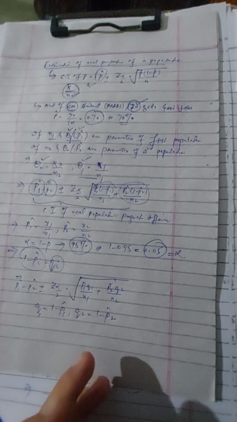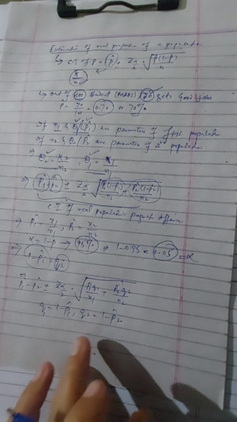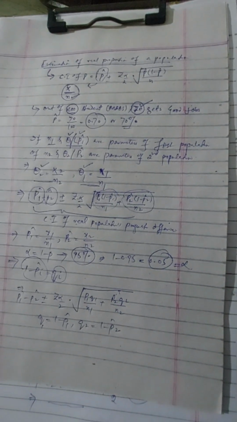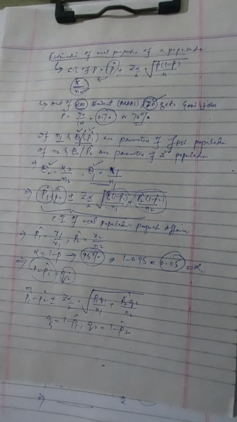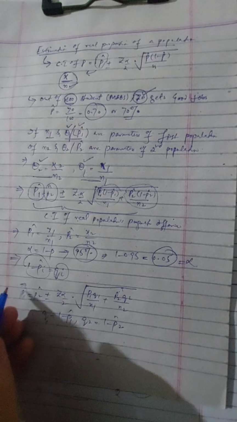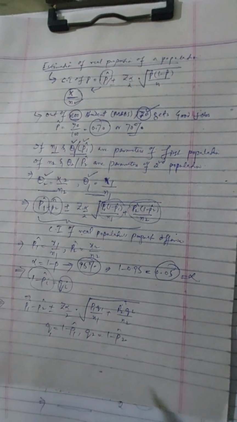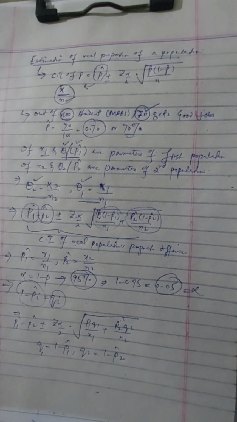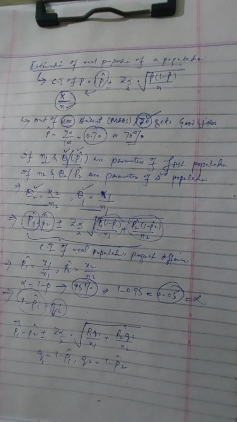So I can also write it like this. Now I will do an example on it and explain while doing it. So this is the confidence interval when we have proportions for two different samples from two different independent populations.